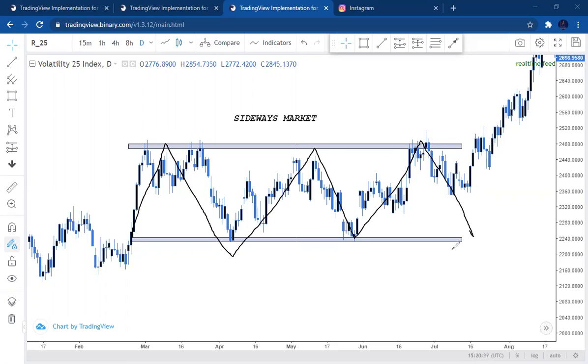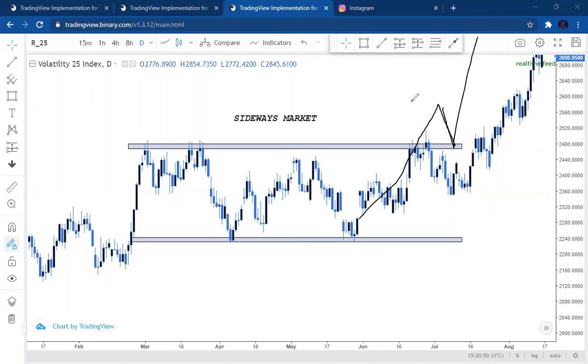What we actually wait for in a sideways market is either a breakout, retest, then continue to the upside, or a breakout, retest, then continue to the downside, whereby you take your trade at this point. You understand? I know a lot of people will be getting confused. They don't know what is support and what is resistance.